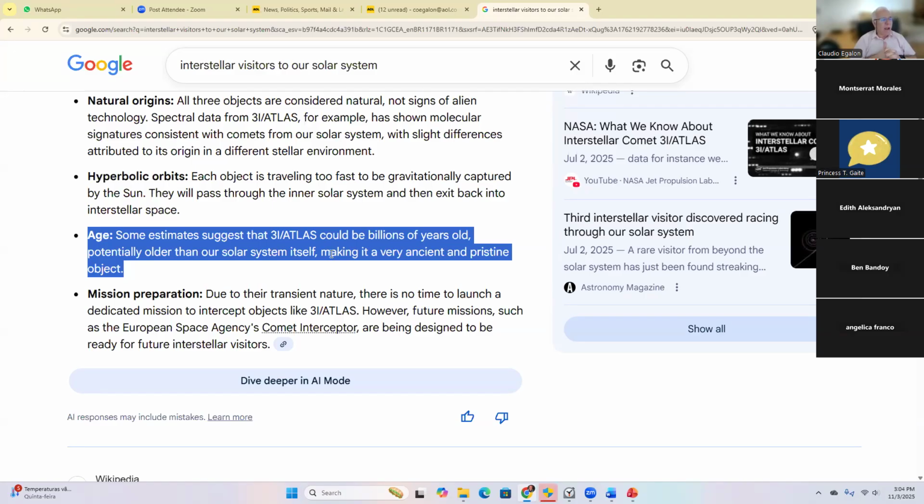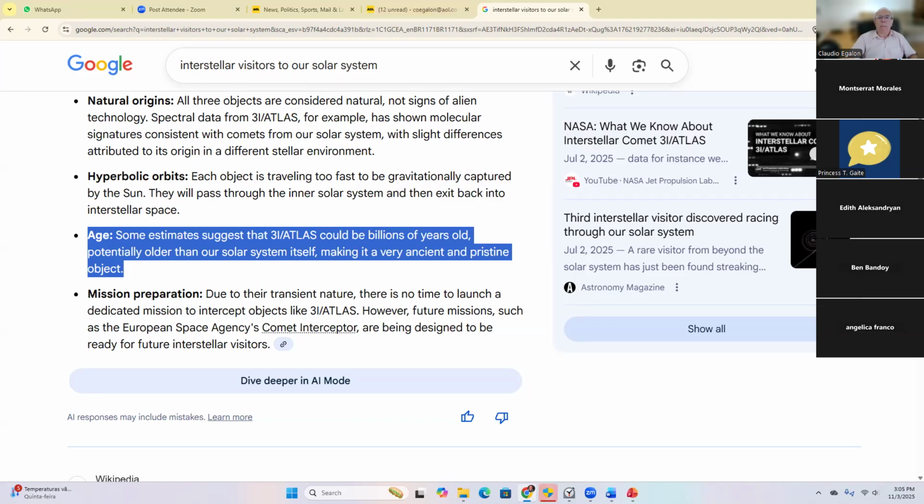But so far, all evidence indicates that it is a natural object, despite its very low likelihood of having an orbit that's very close to the orbital plane of the planets. It's passing close to Mars and it's also passing close to Jupiter, but not close to Earth.